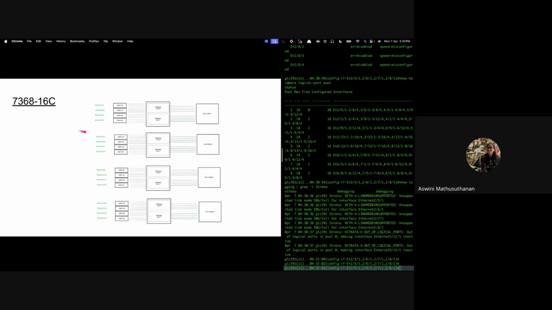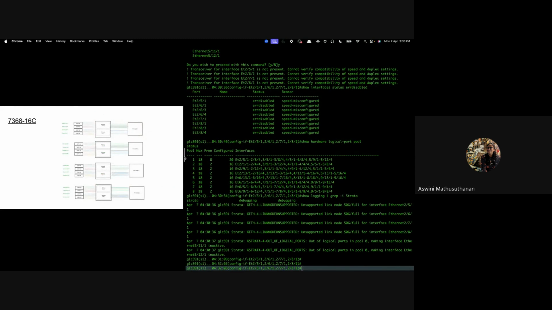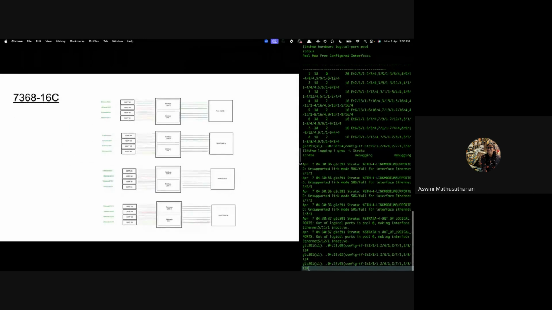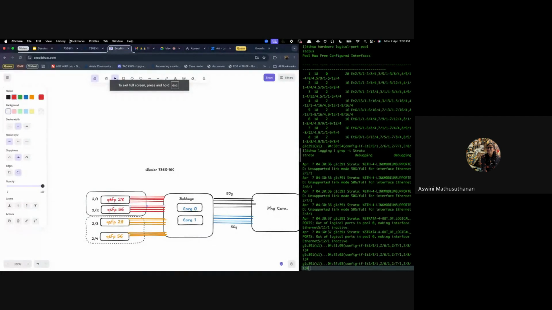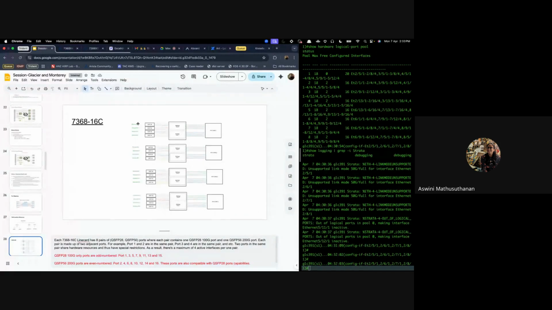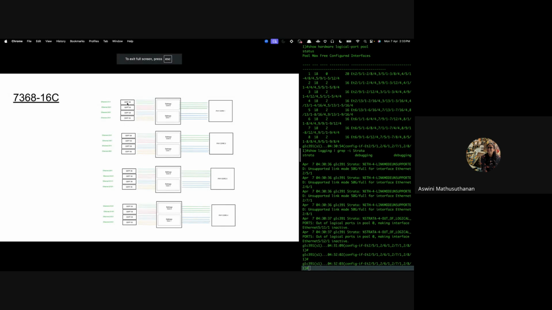Yeah. So let's look at this diagram. Sorry, I'll just maximize this one. So this is mapped to two different interfaces.